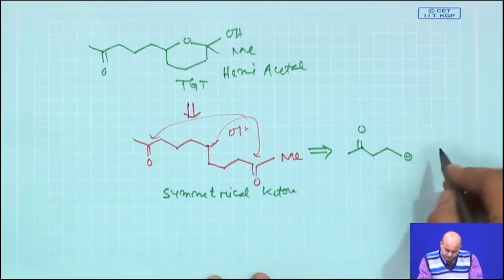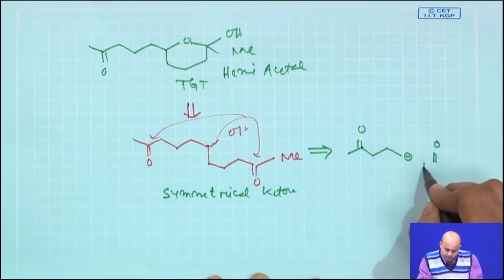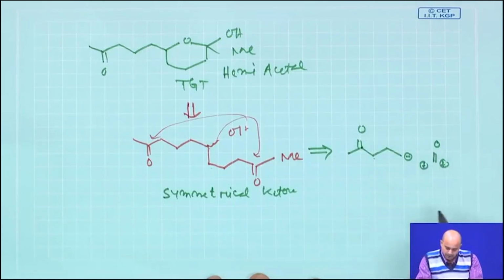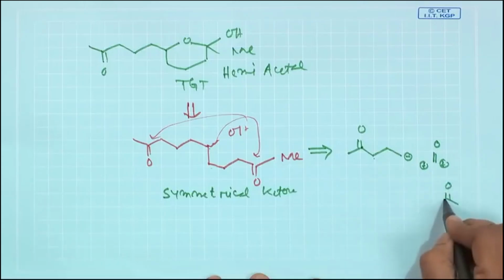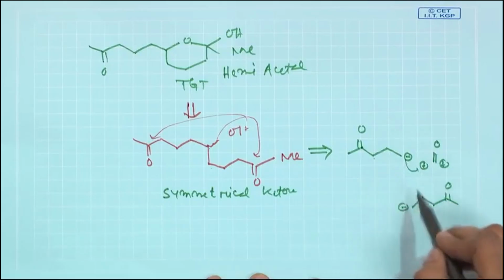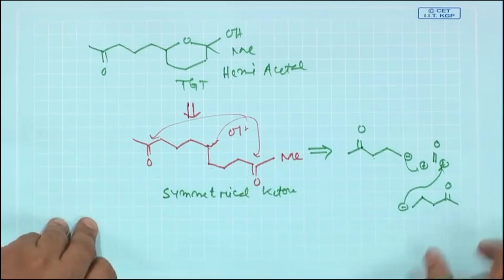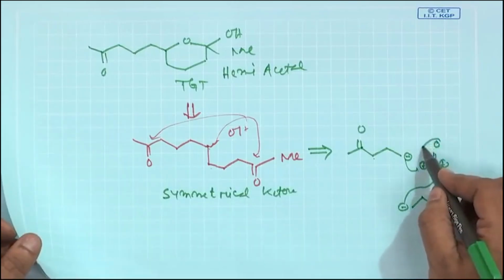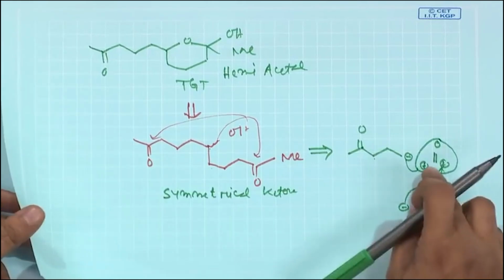Then somehow you need some species which is a double acceptor of a carbonyl, and another exactly the same species. So this reacts here, this reacts here, and you basically get these things. Now, what kind of chemical compound or reagent will give you a double acceptor of this A1 type?